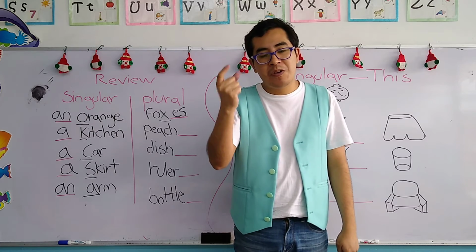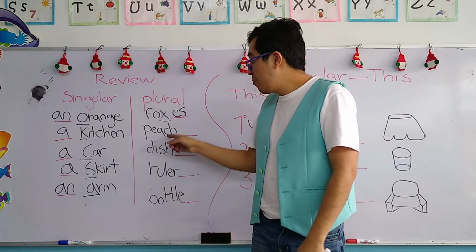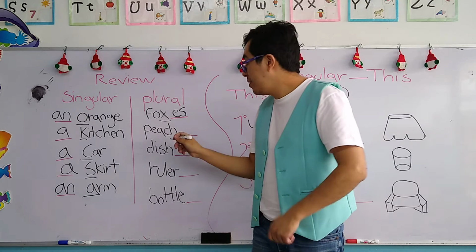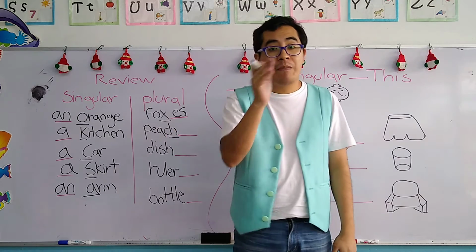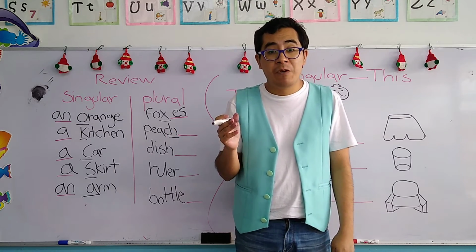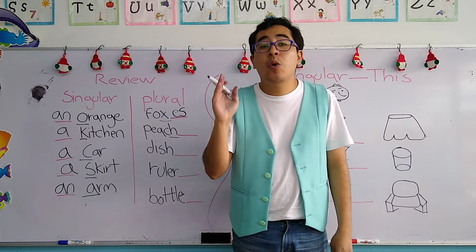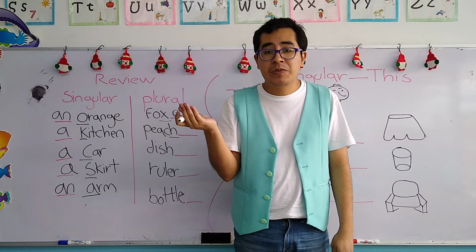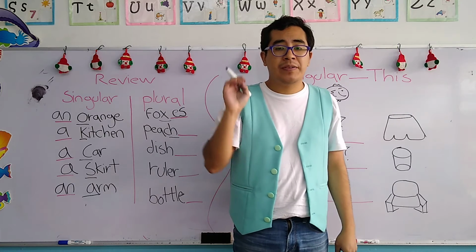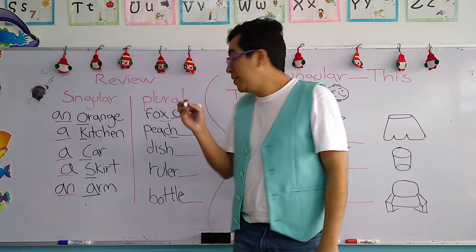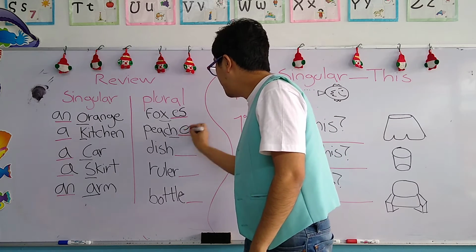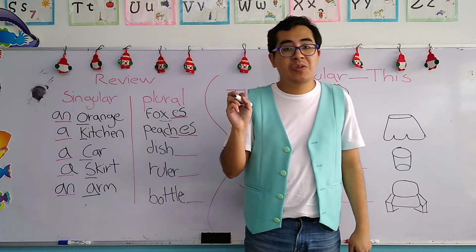With the teacher, of course, it's called peach. Now, the word peach finishes with the letter H. Remember the rules. If the word finishes with X, H, or S, ¿qué vamos a agregar? ES or S? ES. Very good. Peaches, duraznos.